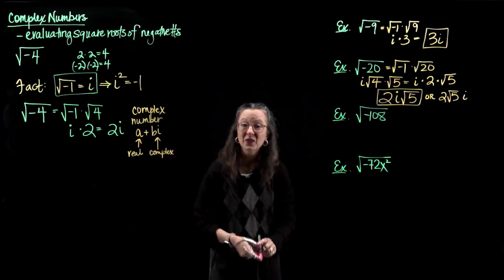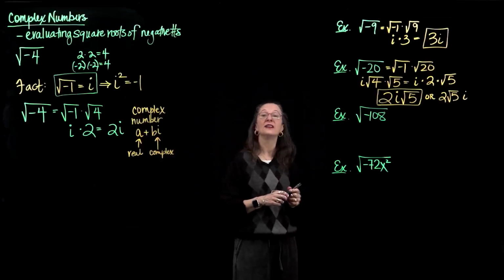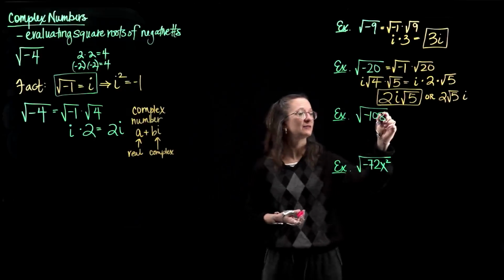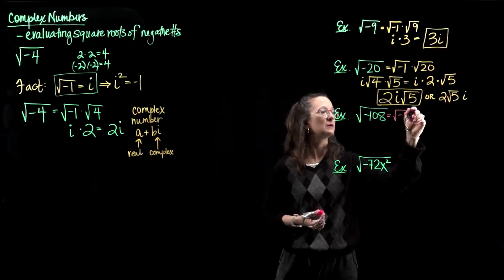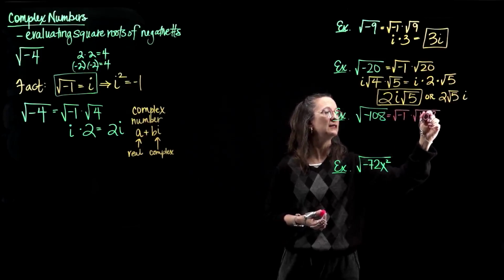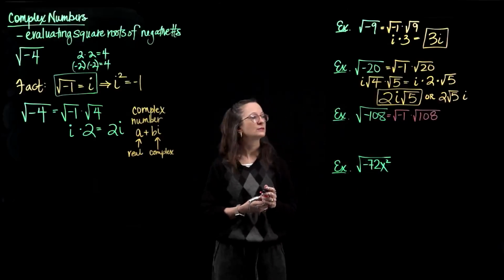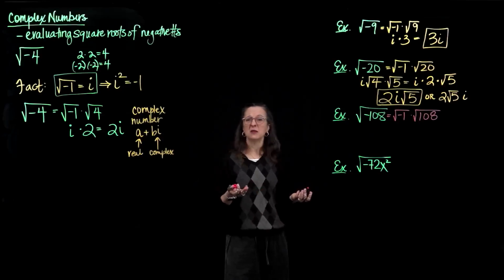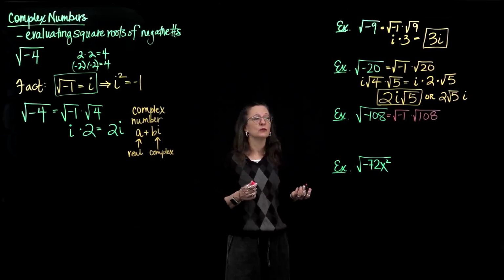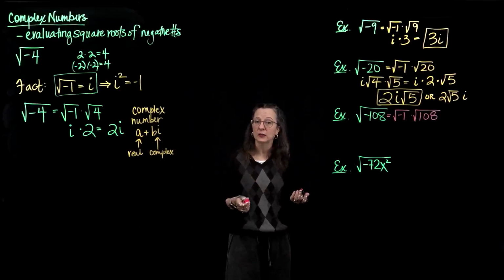All right, let's try another one. Square root of -108. All right, so this would be square root of -1 times the square root of 108. 108, that's a pretty big number. I'm going to use a factor tree to simplify that.